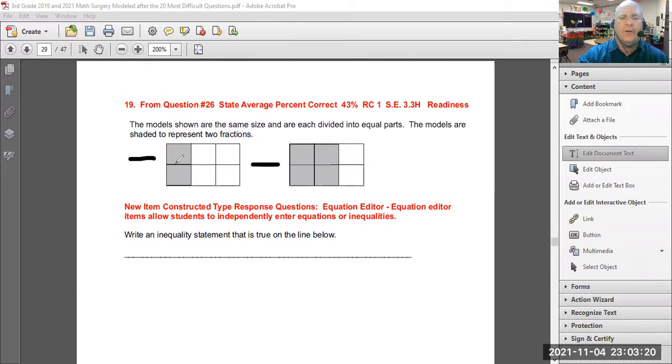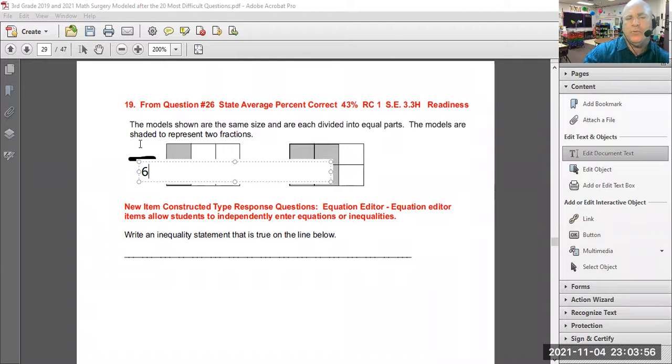So fraction whole, the denominator. How many parts are we looking at in this first picture? We spotlight for you. 1, 2, 3, 4, 5, 6. 6 parts in total. So I'll place a 6 there in the denominator.